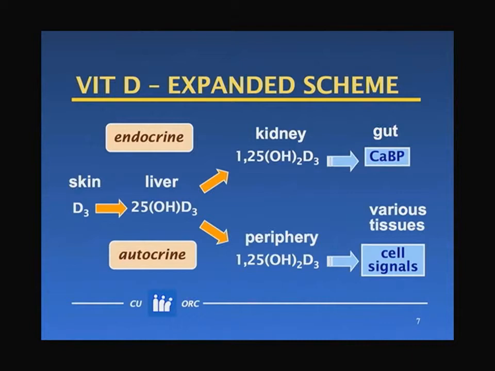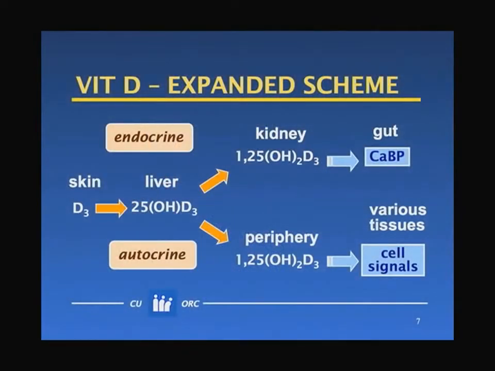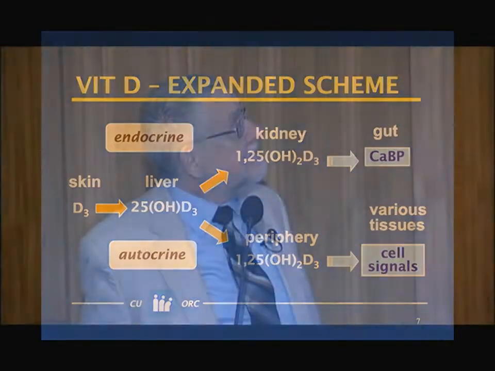That's the autocrine side, and what that means is that these products are made internally within a tissue and act locally rather than circulating through the bloodstream. Furthermore, they don't have the kind of feedback controls that you would take for granted with the endocrine side. So we do some 1-alpha hydroxylation in the periphery as well as in the kidney. That's right within the tissues concerned in response to cell-specific signals that will vary from tissue to tissue.